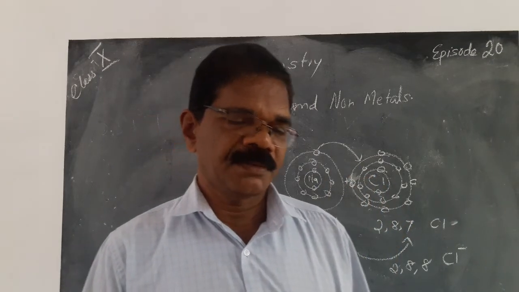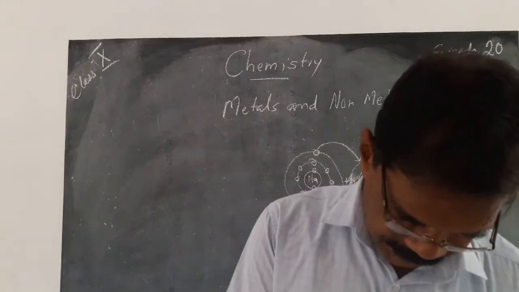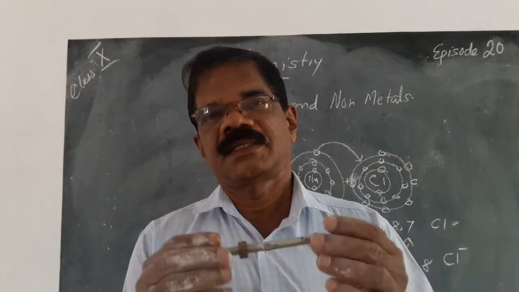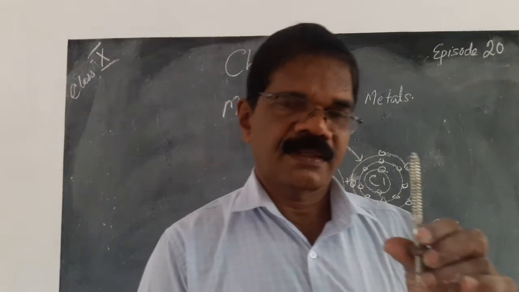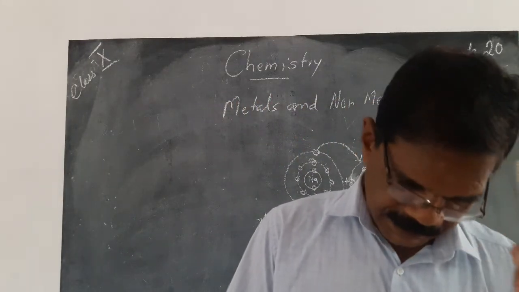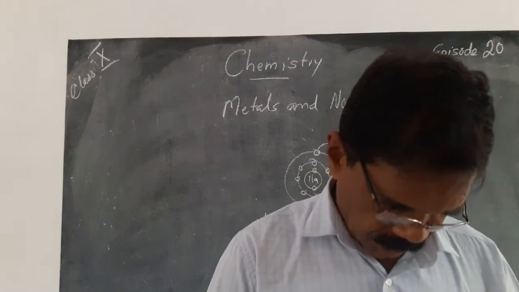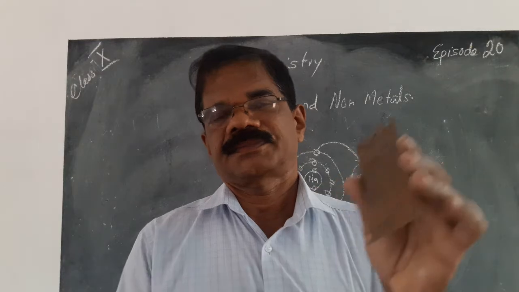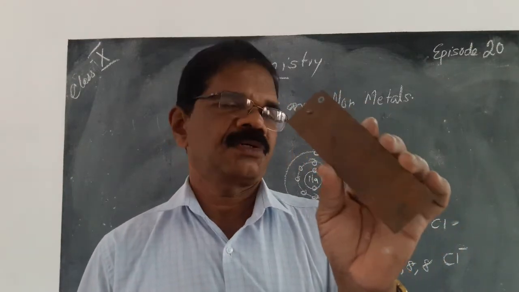We can see a number of metals. I can show you some. This is one of the metals. What is this? This is iron. We can see another metal. This is copper, Cu.